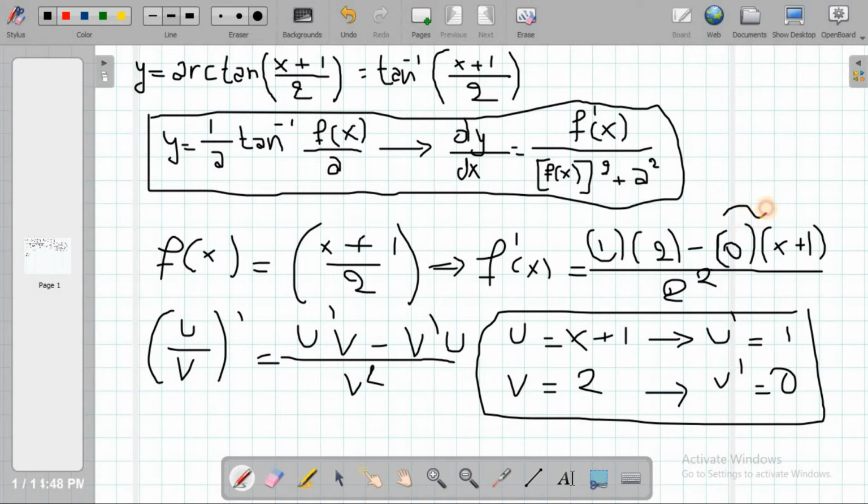So you can check here, we're going to have 0, because 0 times everything is equal to 0. Here we're going to have 4.